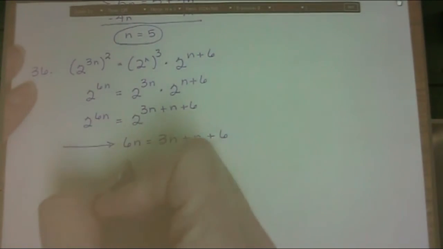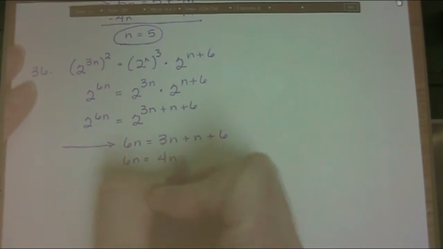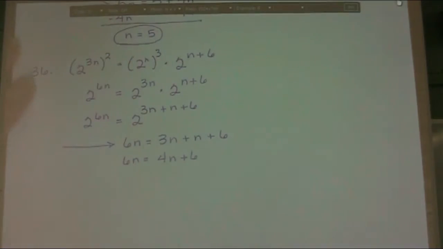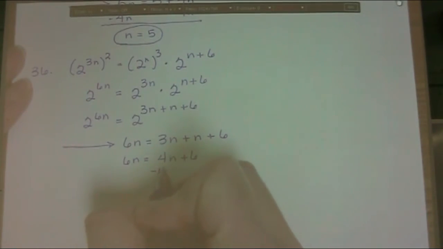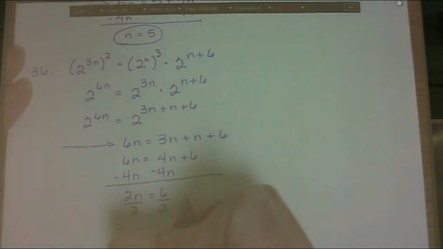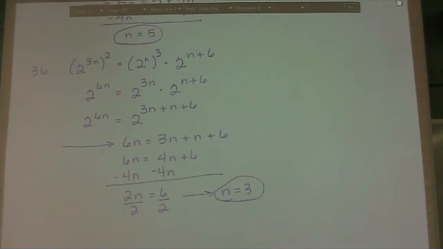Combine like terms on the right-hand side, and I've got 6n equals 4n plus 6. Subtract 4n on both sides. And I have 2n equals 6. Divide both sides by 2. And this is going to give me n equals 3. That was my whole goal, to solve for n.